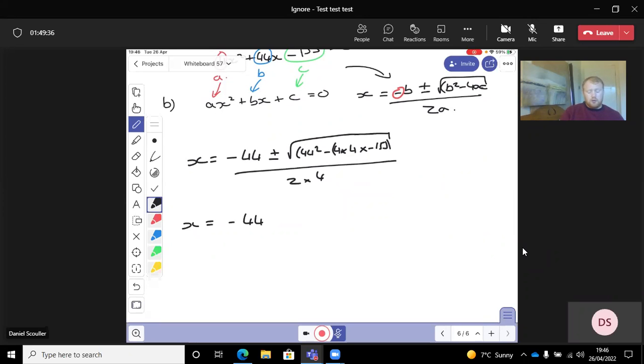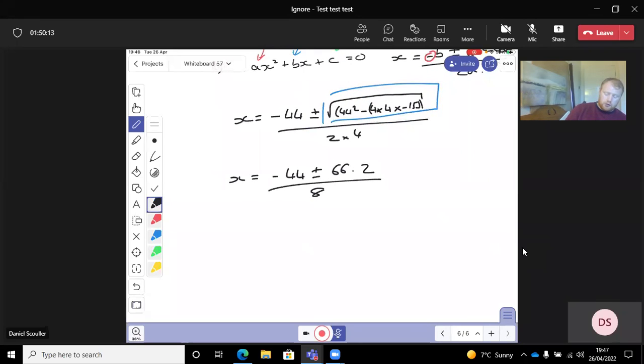Probably the easiest way to do it is solve this bit first. So just putting that in your calculator, make sure you're writing it out correctly. 44 squared minus 4 times 4 times minus 153 gives us plus or minus 66.2 all over 8.